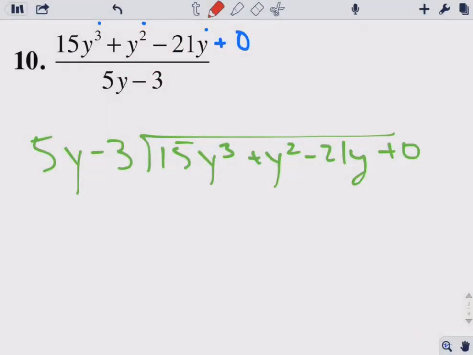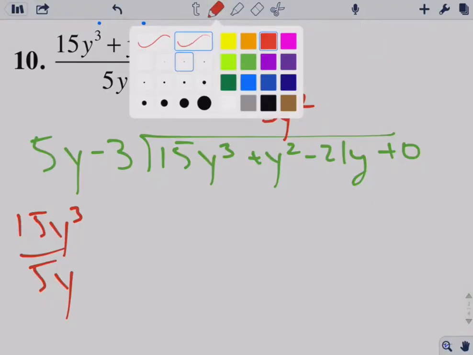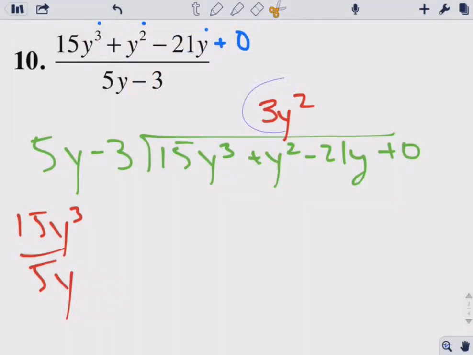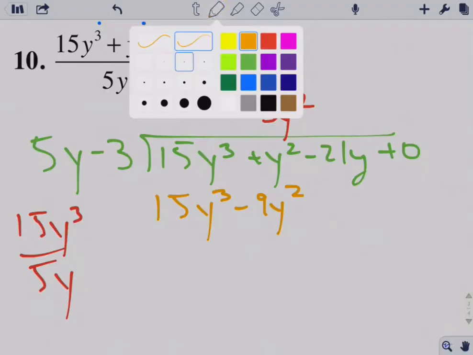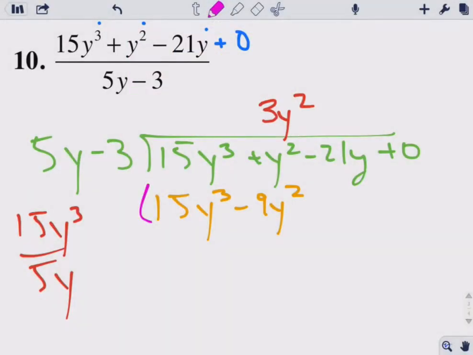So I do 15y cubed divided by 5y. That gives me 3y squared. I multiply the 3y squared times the 5y minus 3, and that gives me 15y cubed minus 9y squared. Then I subtract going down. The 15y cubed cancels.